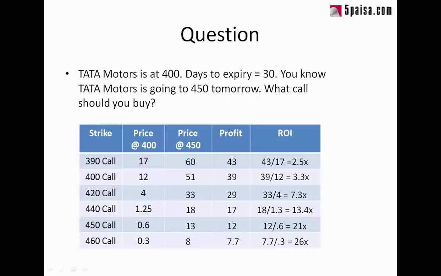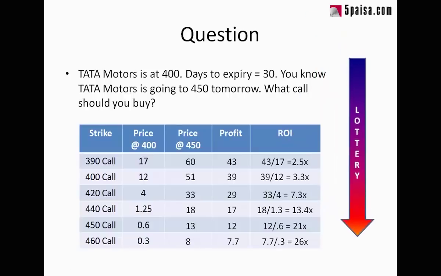The move in fact is a 12% move, which is not what you expect regularly in a stock, but in this hypothetical case, to illustrate how these options behave, we deliberately chose a big move. So 12% in one day, there's no doubt that what you have to do is buy a very cheap call option which is very far out. It's like a lottery ticket.